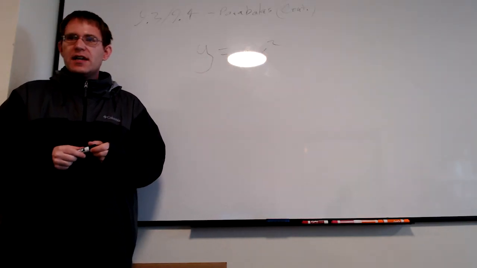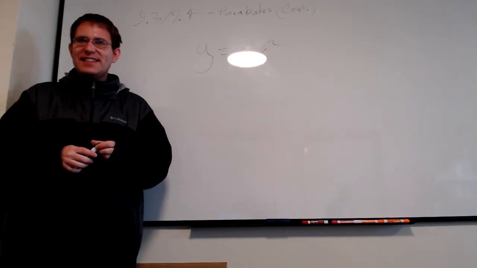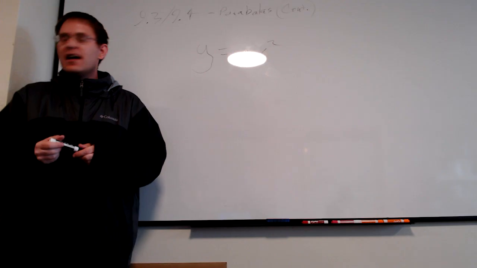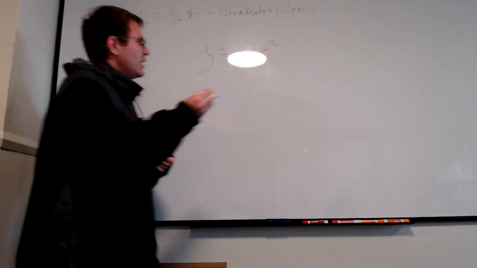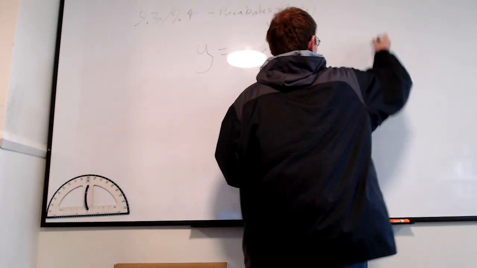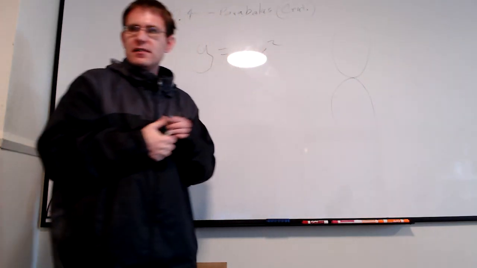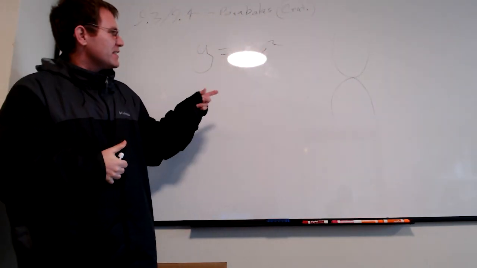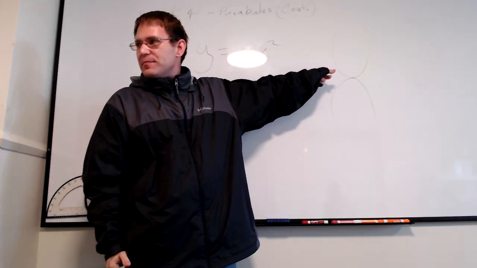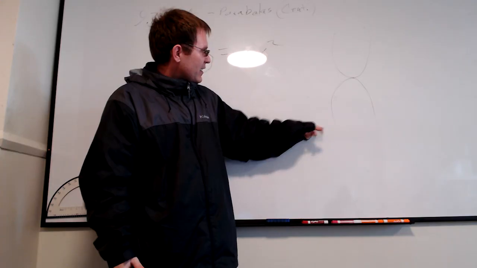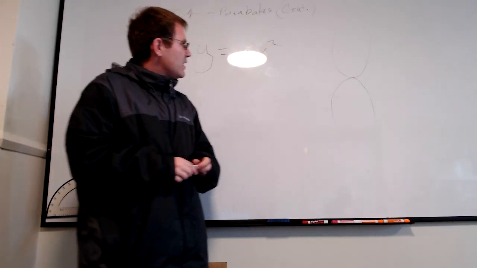It can either be positive or negative. How do we know if it's going to open up or open down? If it's positive, it opens up. If the a is negative, then it opens down.